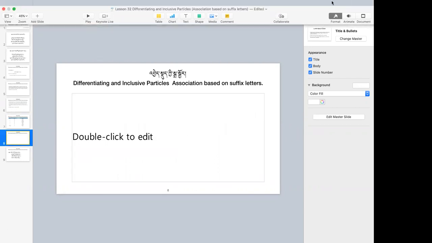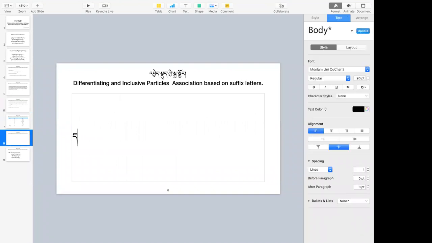Okay, let me write these. These two are the only letters out of the 10 suffix letters. So these are also suffix letters, but out of the 10 suffix letters, these two are capable of repeating after a suffix letter, meaning that they can be positioned after a suffix letter.